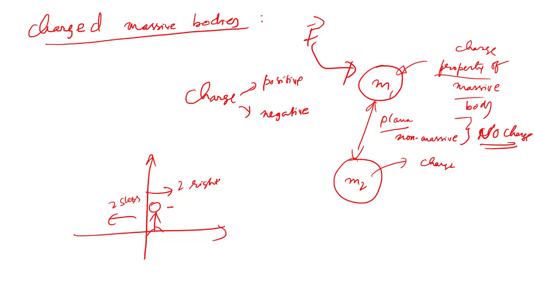So to encase that, we are going to call this negative 2 steps, so negative x direction, and this has positive x direction, so I can write it as negative 2x or positive 2x in a mathematical fashion to show that if I go 2 steps left and come back 2 steps right, I have not changed my position overall.